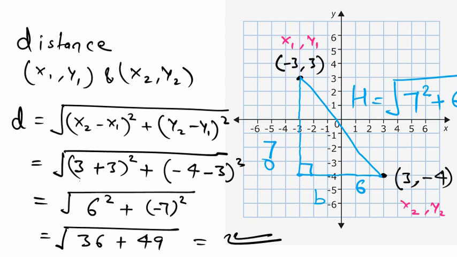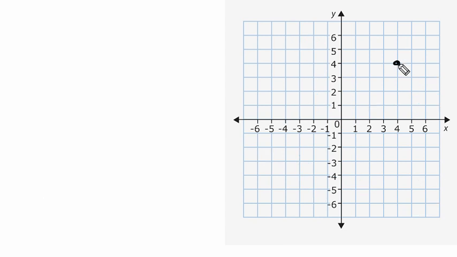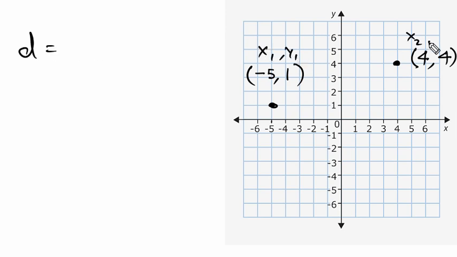Okay, let's try one more example. Let's take one coordinate here and one coordinate somewhere here this time. First you find the coordinates. Here x is -5, y is 1. Here x is 4 and y is also 4, right? Now use the distance formula. Let's take this as x1 comma y1 and this as x2 comma y2.